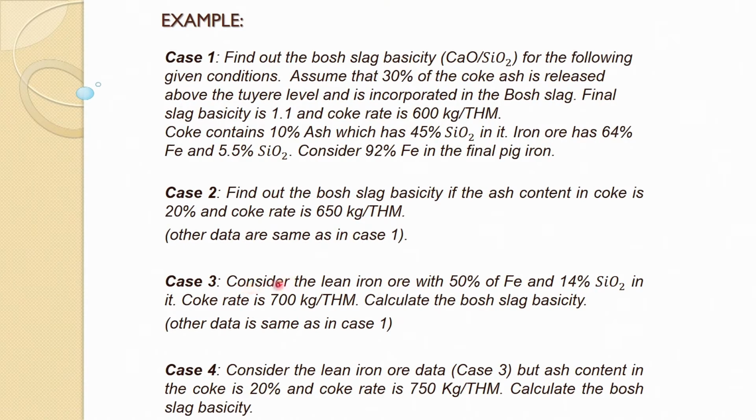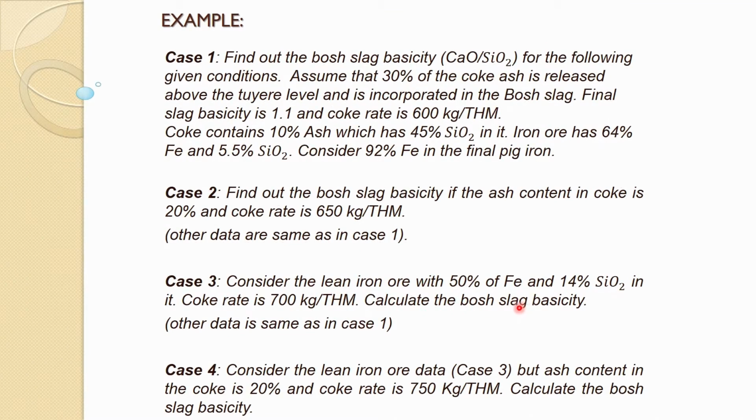In case 3, we consider a lean iron ore, which has 50% iron instead of 64% and has 14% SiO2 instead of 5.5%. So, naturally, the coke rate is also increased to 700 kg per ton of hot metal.